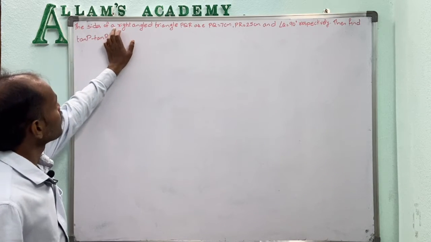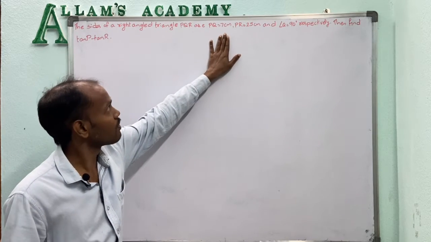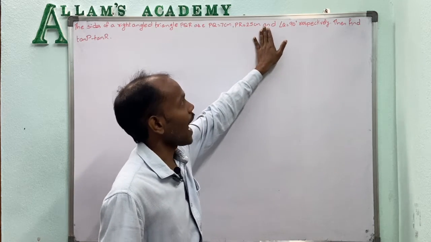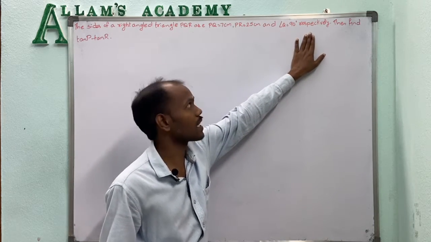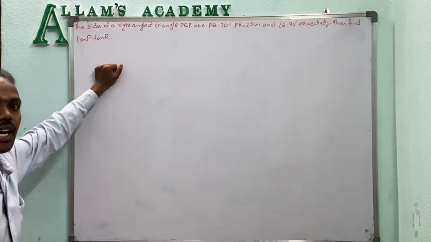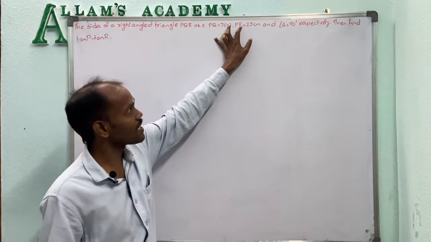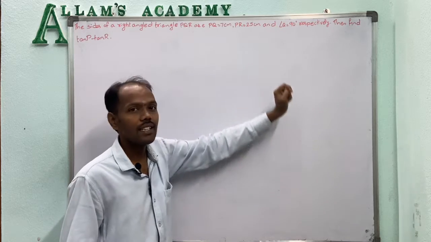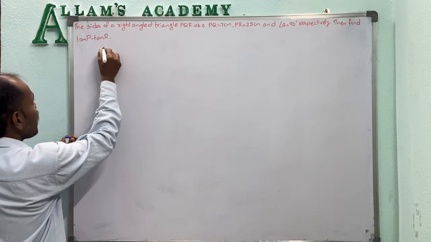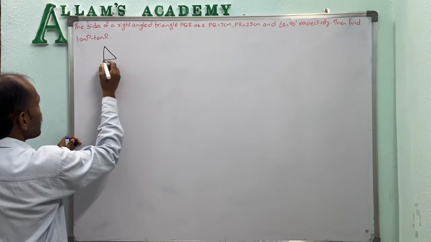The sides of a right angled triangle PQR are PQ equal to 7 centimeters, PR equal to 25 centimeters and angle Q equal to 90 degrees respectively. Then find tan P minus tan R. So in a right triangle PQR, two sides lengths are given and one angle is given, angle Q equal to 90 degrees.